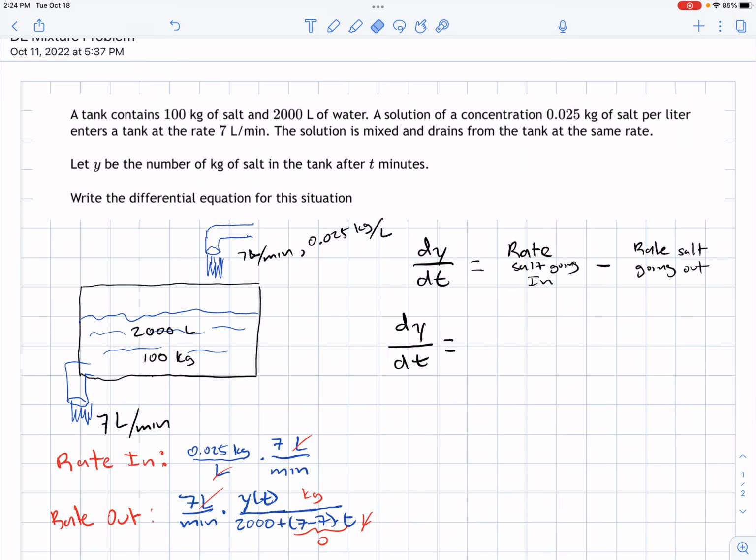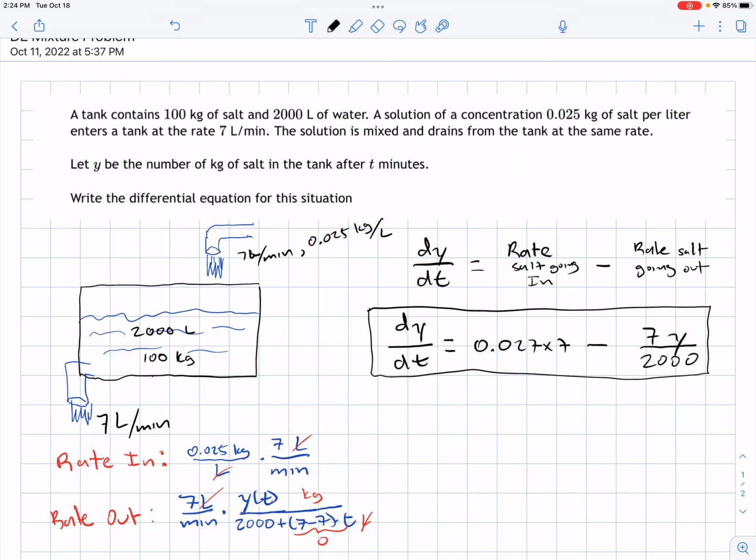Let me get rid of that real quick. It's going to be 0.025 times 7 minus the rate going out, which is going to be 7y over 2,000. And that is our differential equation.